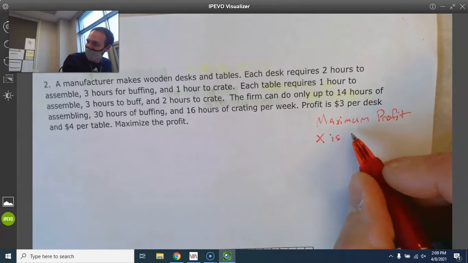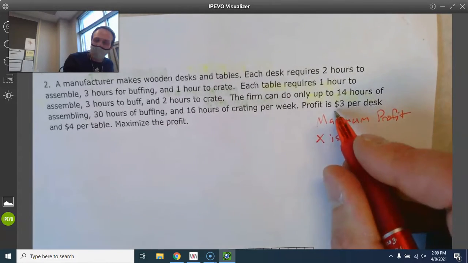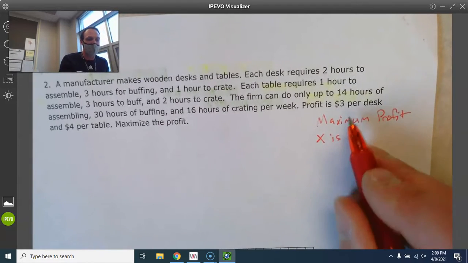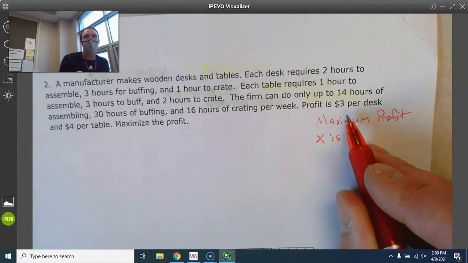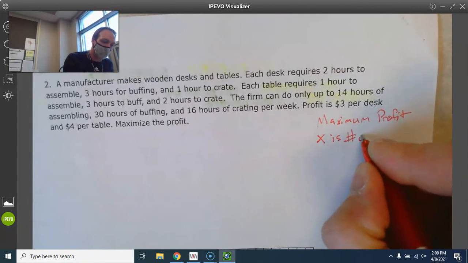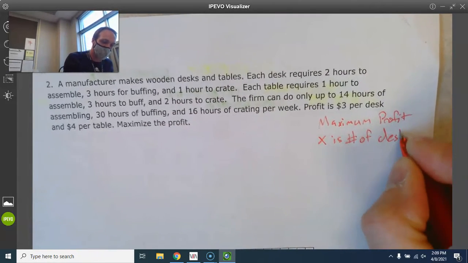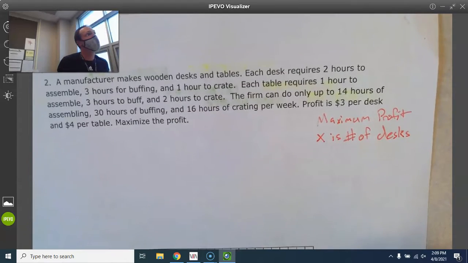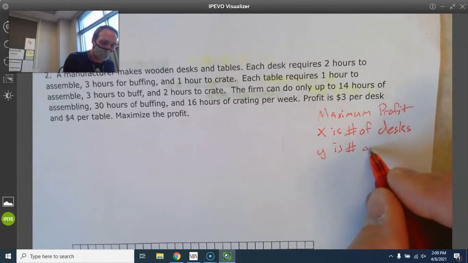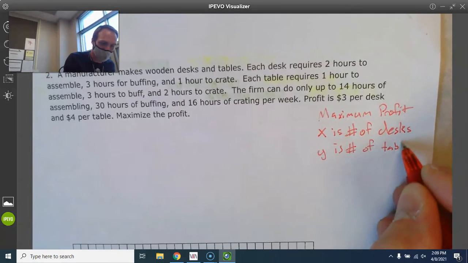It's not dollars. This is the thing that students will get confused. They'll say, oh, well, it's dollars per desk. Well, that's already established. It's $3. So x is the number of desks. And then y is the number of tables.